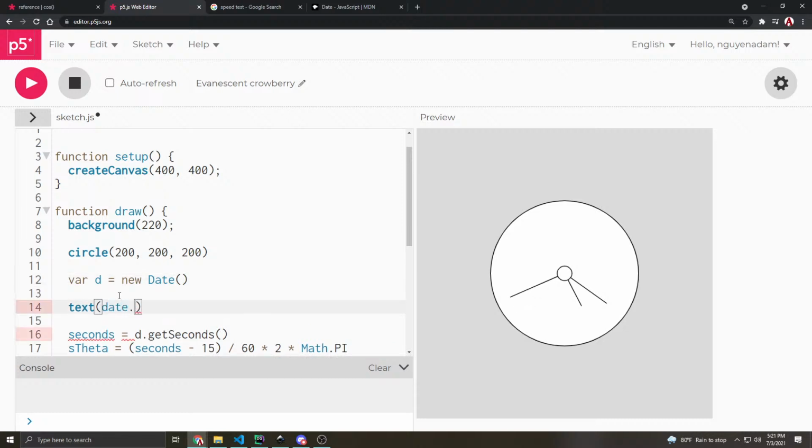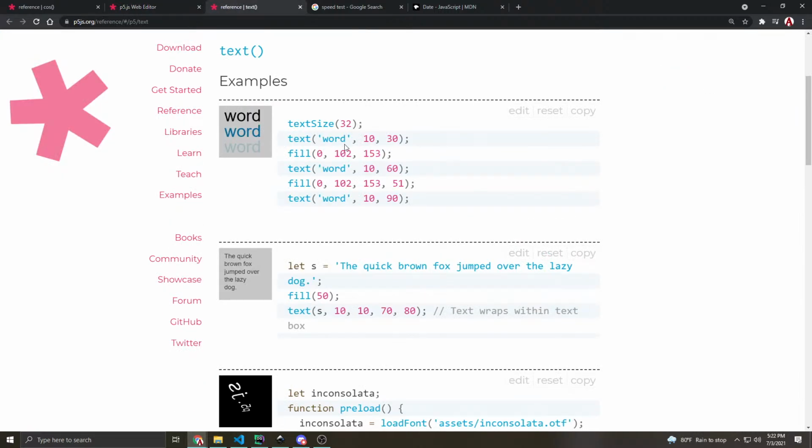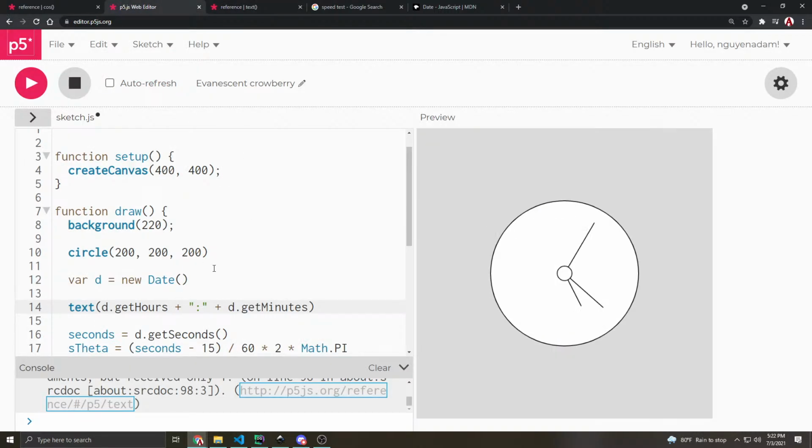date dot, or d dot getHours, and then a little colon. Boop, and then d dot getMinutes. We need a location for that, right? Oh, look! I love this. It sends it to the documentation. Oh wow. Yeah, we need that every day. We need a little location.